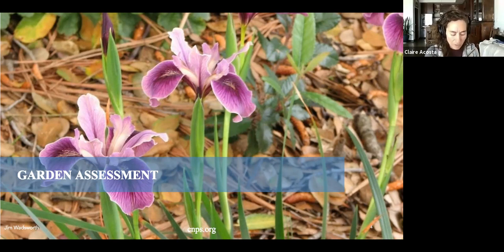A solid, detailed site assessment, or here we're calling it a garden assessment, is really key, the first step to getting a good idea of what a client wants and needs and what you can do. It's the first step to making a maintenance plan.